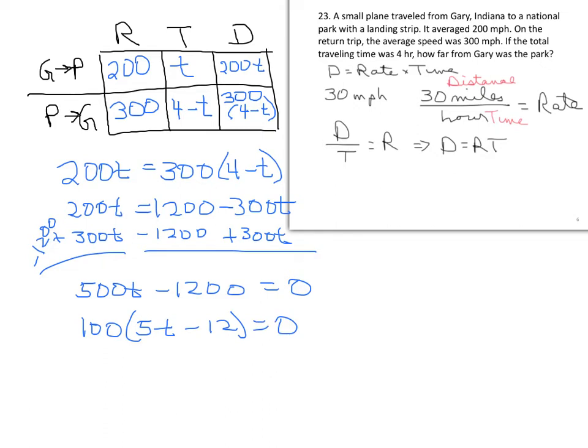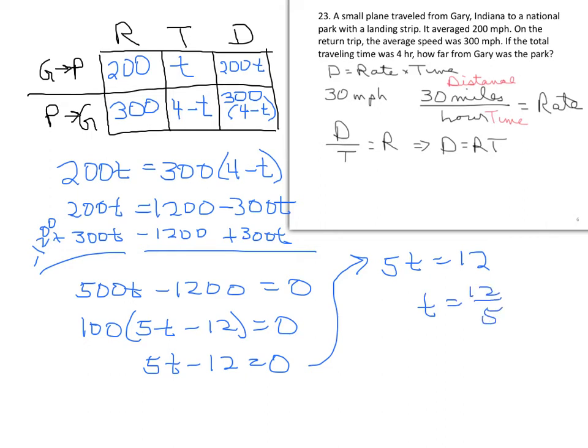And if we divide both sides by 100, we get 5t minus 12 equals 0. So then we add 12 to both sides and we get 5t equals 12. So t equals 12 fifths.